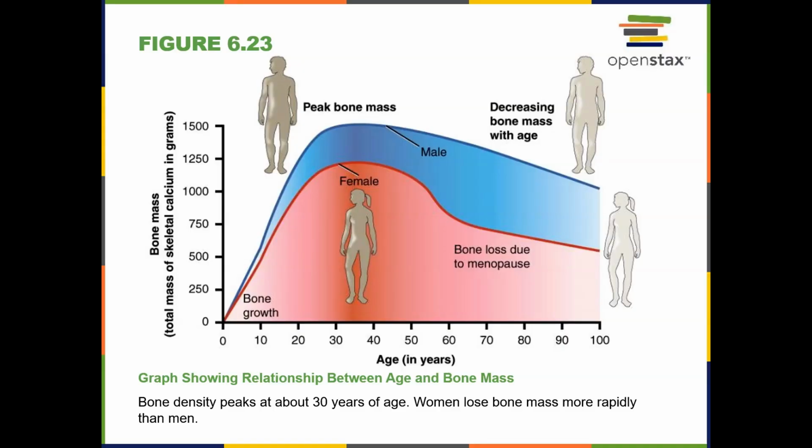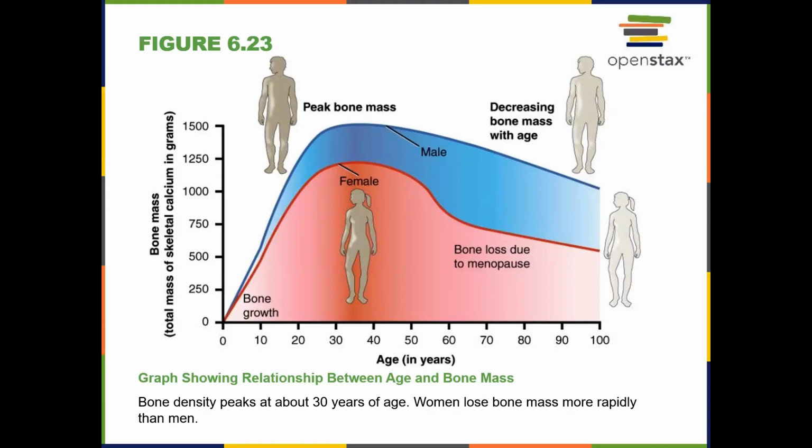For example, dietary intake of calcium and vitamin D levels that are sufficient to absorb calcium from our diet. We can get vitamin D that we can synthesize from the sun, or we could also get vitamin D from food, especially if it's been added, as is the case with fortified milk.